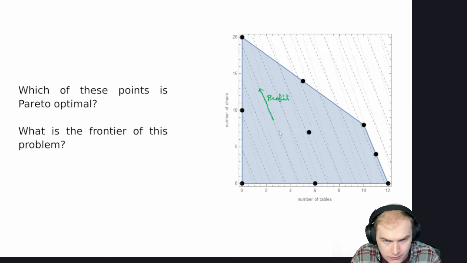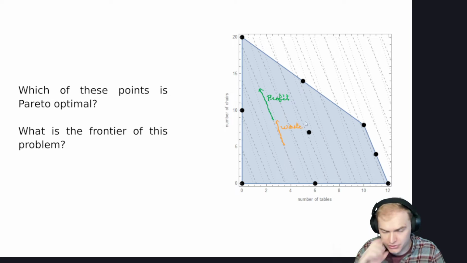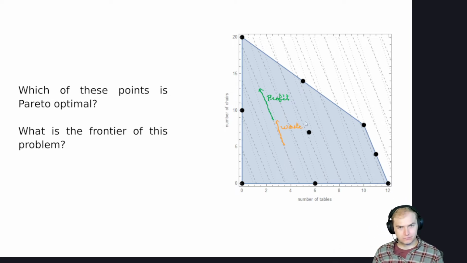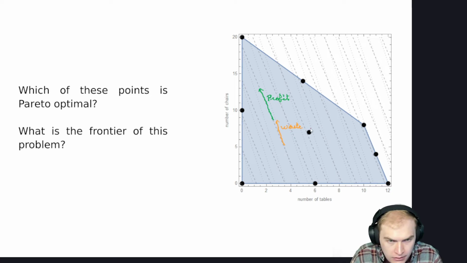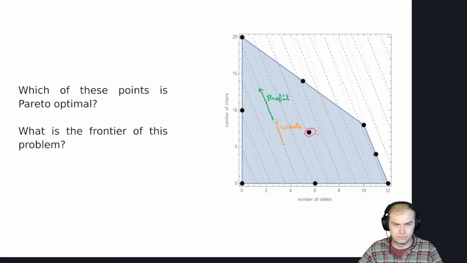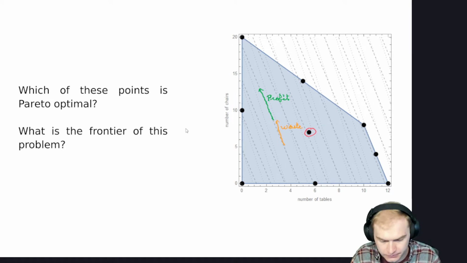If we move in this new yellow direction, which is slightly off from parallel, we don't change the waste at all. So if we're looking at this point in the middle, we can move in the waste direction.